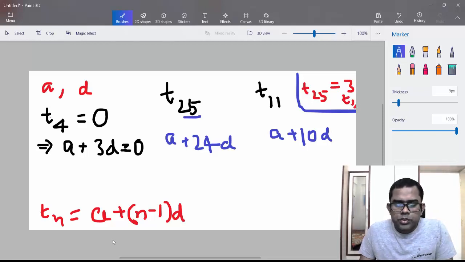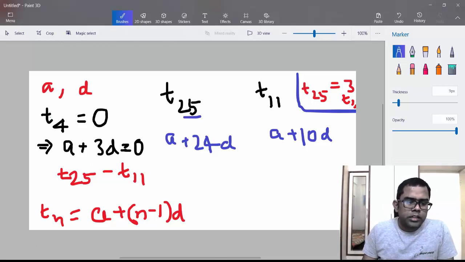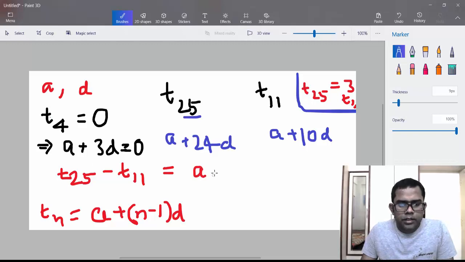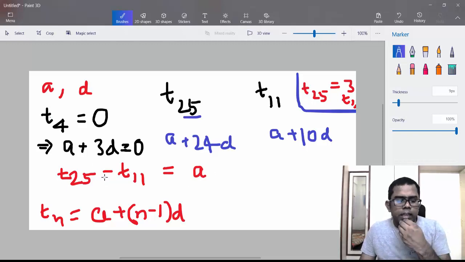Okay, so fine. So now what we will do is, T25 minus T11, we will write the expression that will be equal to, or we will say T25 divided by T11.